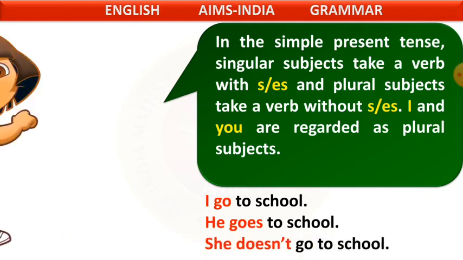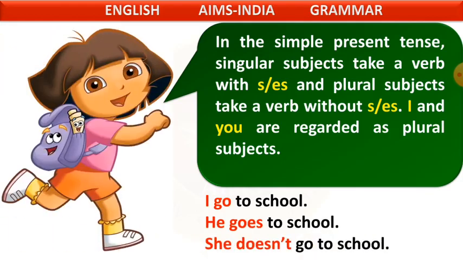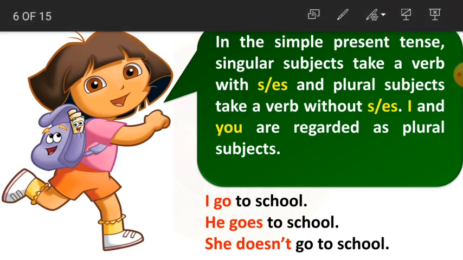So we are going to learn something more about the subject and verb. See here. In the simple present tense, singular subjects take a verb with s or es and plural subjects take a verb without s or es. You must be very careful in doing this type of exercises, children. So listen carefully.